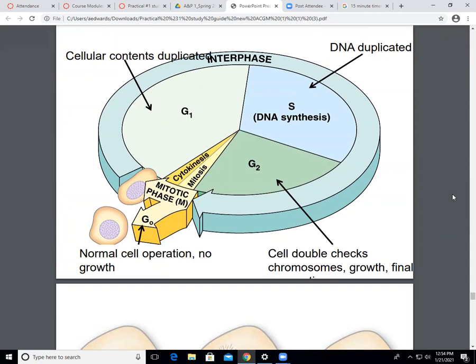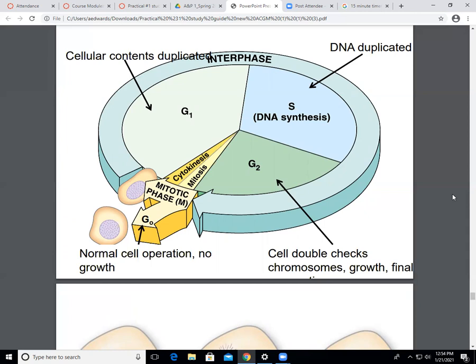We just talked about the cell's parts, but the cell actually has a life cycle just like people do. Okay? And believe it or not, the life cycle of a cell is really about 24 hours. Doesn't mean that all those cells are dead. It just means that's how long it takes before that cell is able to reproduce. Okay?